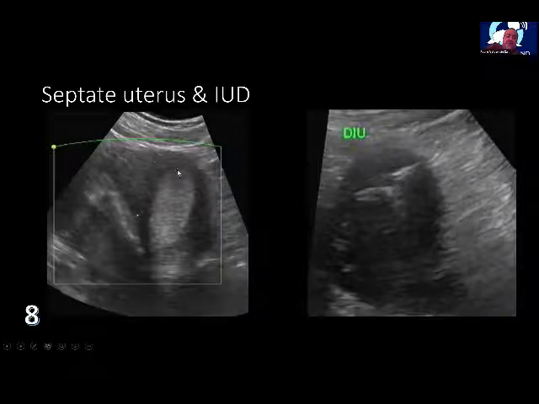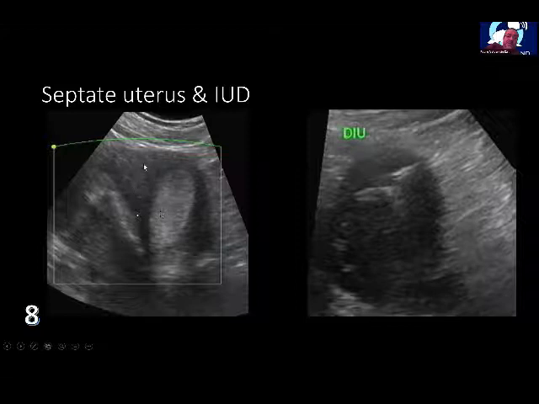We can improve the image by looking with volumetric devices like this one. This is a nicer picture with a volumetric 3D transducer and the IUD.